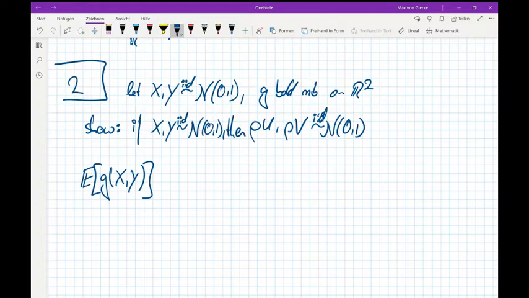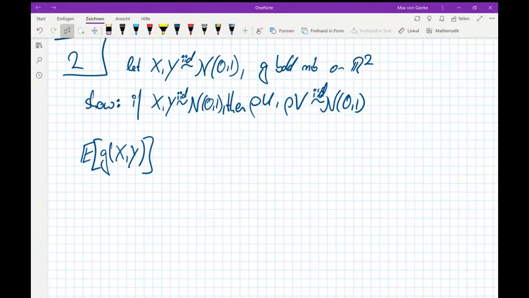Okay, so this is what we are going to do now. And we do this by showing more or less that the expectation of g of this is equal to the expectation of g of these two.